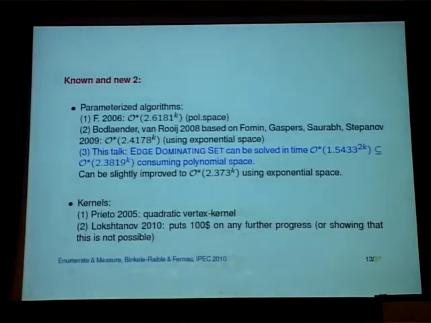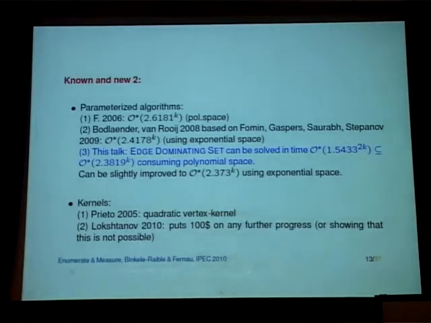What we do in this paper, using again polynomial space, is get something like 2.38 something to the k. The numbers are not so impressive, but the difference is in the usage of exponential versus polynomial space. And yesterday on the bus, Johan told me that in his thesis he improved this figure to 2.4006 to the k, but nonetheless using exponential space. We can also use exponential space and get something like 2.373 to the k. So still a little bit better, but obviously there seems to be some boundary.